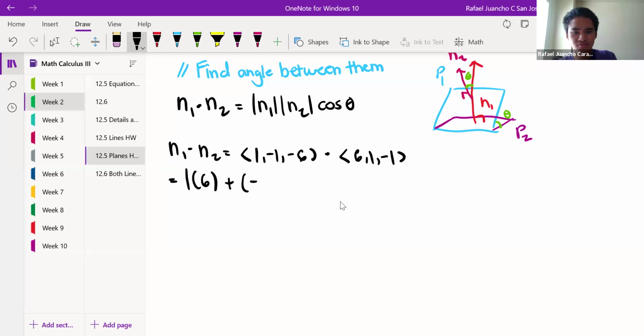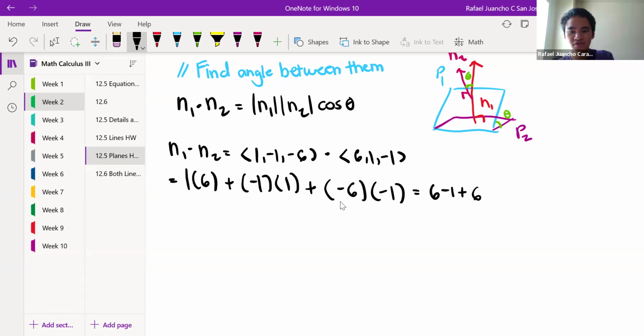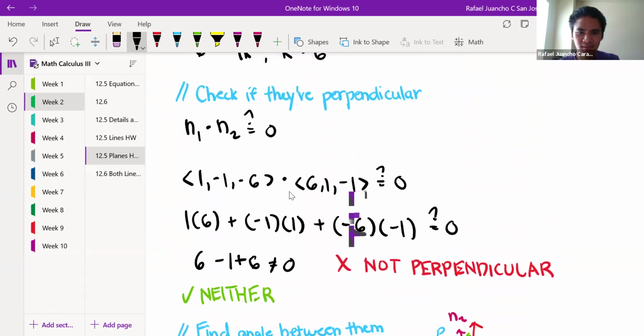We're just multiplying the components, and adding at the same time. This will give us 6 minus 1 plus 6. So we have 11, because 6 minus 1 is 5 plus 6 is 11. I'm actually just going to write 11 here. So that's your dot product, right?